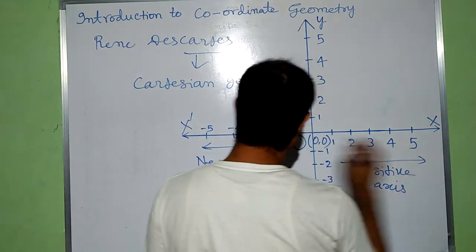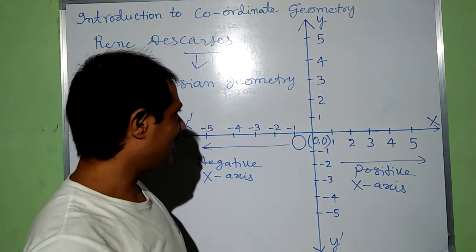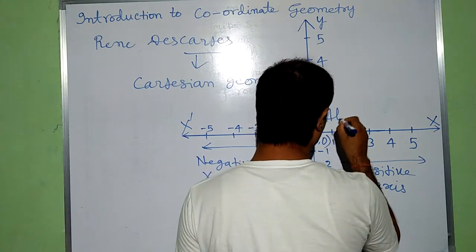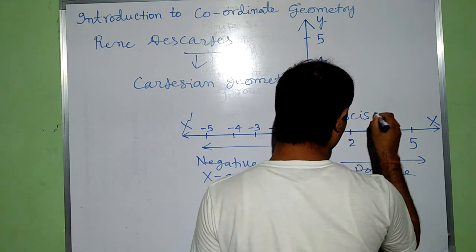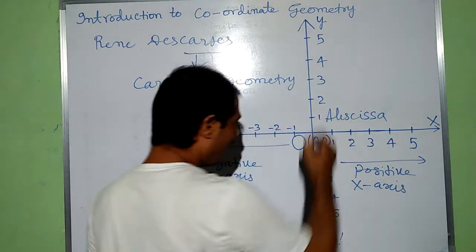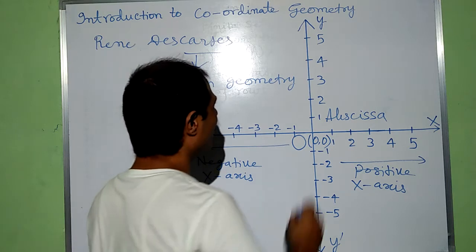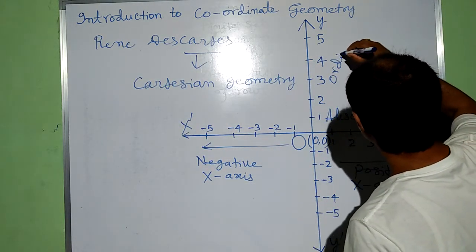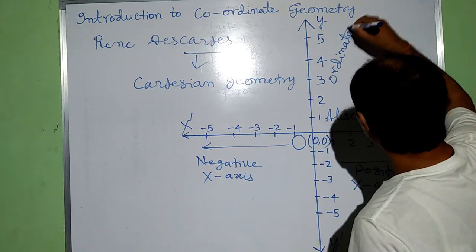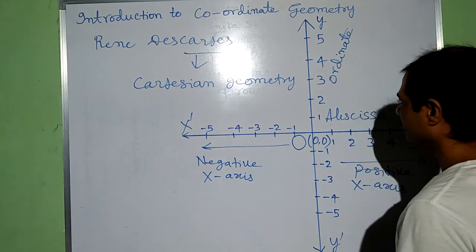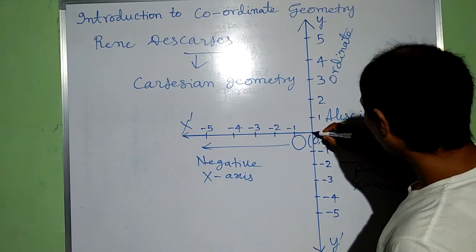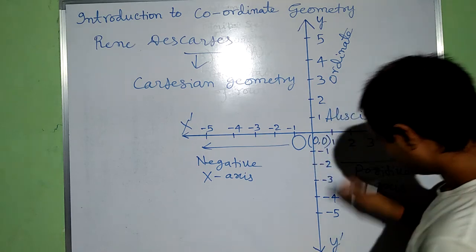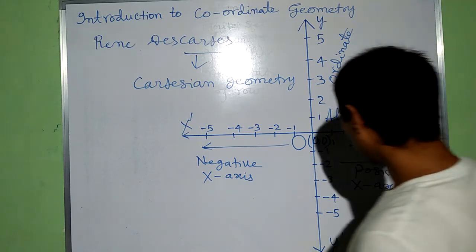The x-axis is also known as the abscissa, and the y-axis is known as the ordinate. Above O is the positive y-axis, and below O is the negative y-axis.